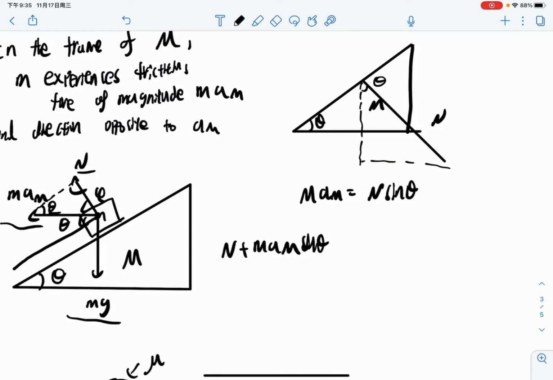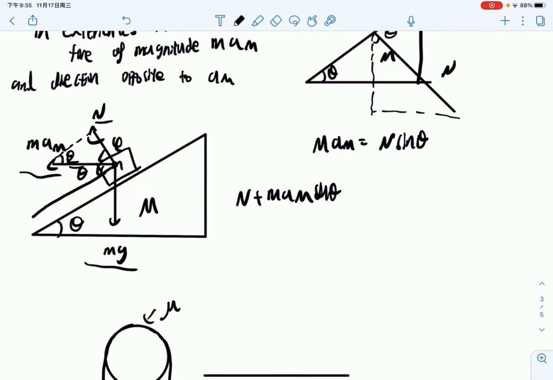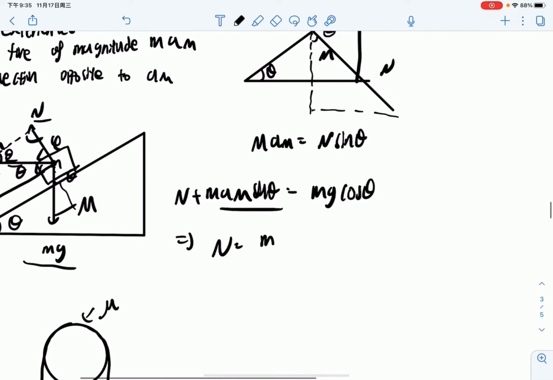Okay, I get it. M sine, which is equal to mg, and this one is cosine. And n is equal to mg cosine minus small m a big M sine.